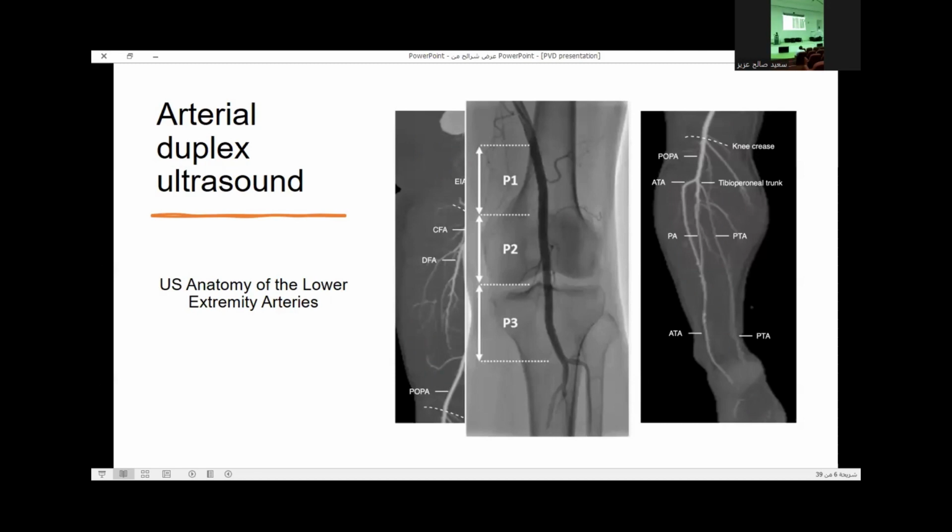The third segment is from the knee joint till the bifurcation, where it divides into the anterior tibial artery and the tibio-peroneal trunk. Then the tibio-peroneal trunk divides into the posterior tibial and peroneal arteries. That landmark is important, especially for endovascular treatment, because we have different management for popliteal artery stenting or angioplasty, different from the superficial femoral artery.